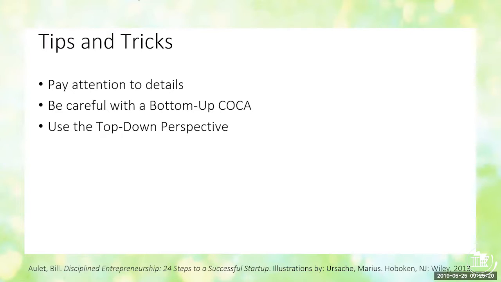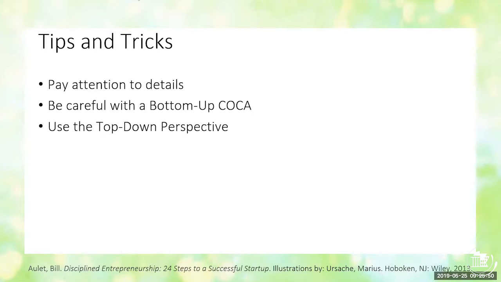Make sure that you have really done your research, talked to people, really gotten out there and made sure that these are as accurate as you possibly can get them for the time being. You can always adjust them later, but it's best to do it correctly the first time and get as close as you can.